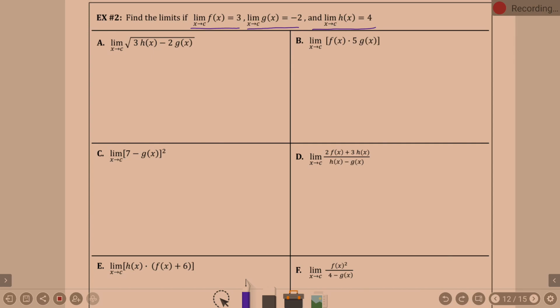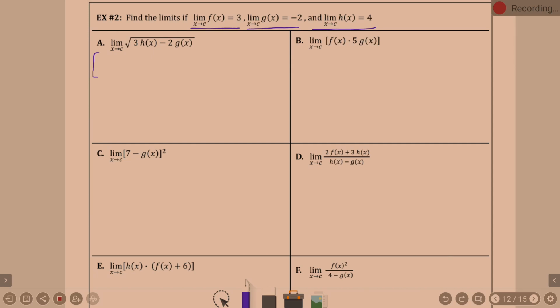Now, if we want to be official, it's breaking down the properties, which I'm going to at least do a little bit. A square root can go outside of everything. It can also be written as a power of 1/2. So if I just throw that in, not saying you have to do this, it's a power of 1/2.